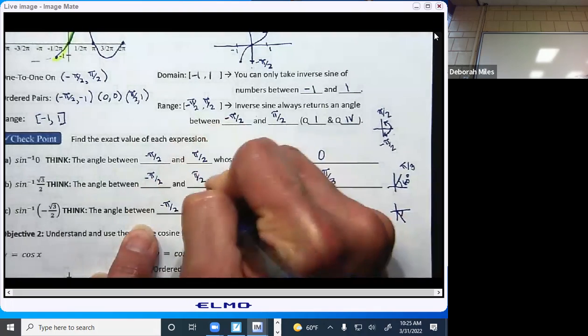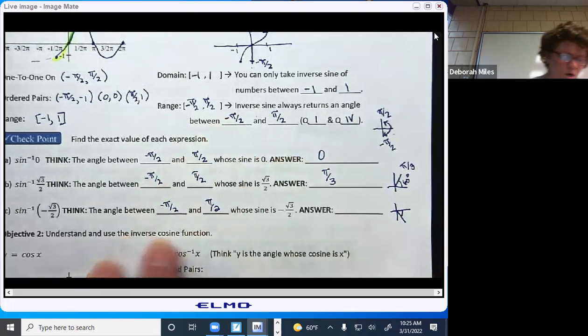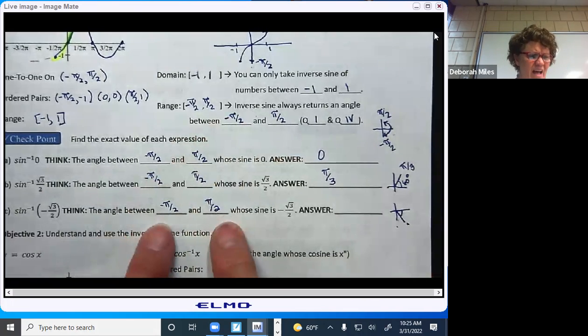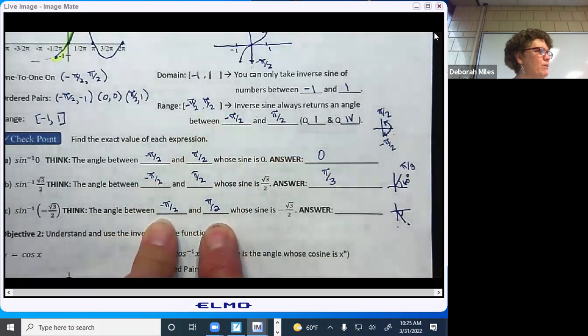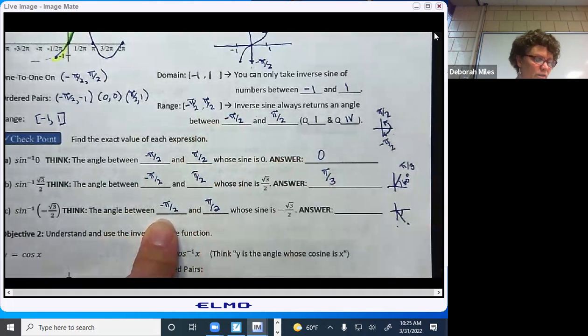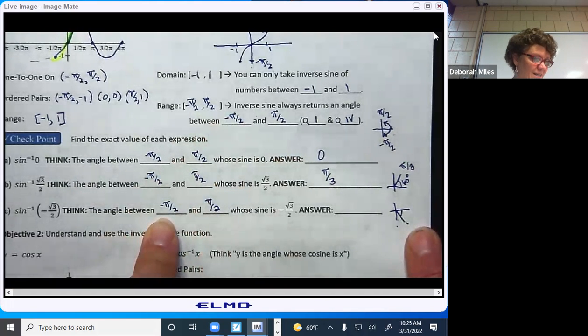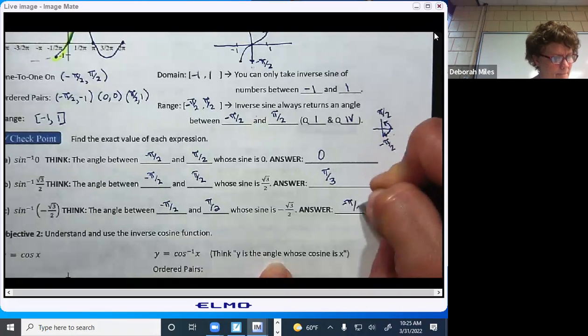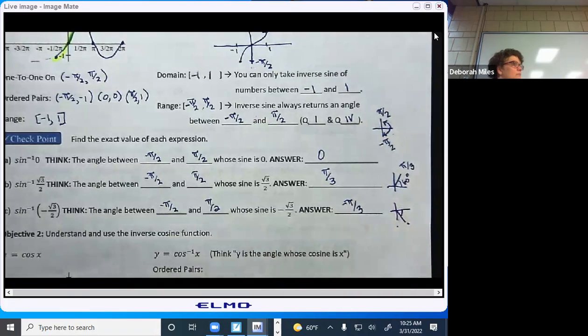Well, I'm thinking this is 9 pi over 6, so that's 10 pi over 6, better known as 5 pi over 3. But 5 pi over 3 is not between -pi/2 and +pi/2. So what's another name for that? It has to be between -pi/2 and +pi/2. It's going to be -pi/3.